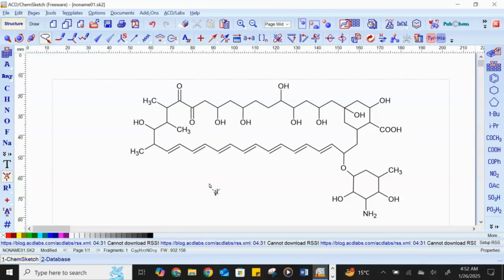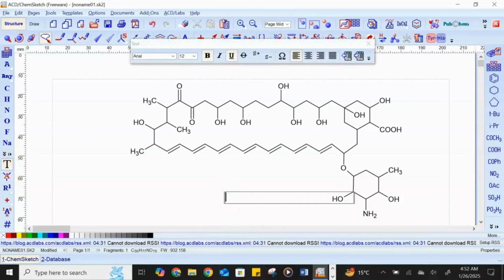So guys, this is how you can draw any structure you wish to draw. And also how to label it. You're going to add the name of this compound, Amphotericin B. Amphotericin B chemical structure.